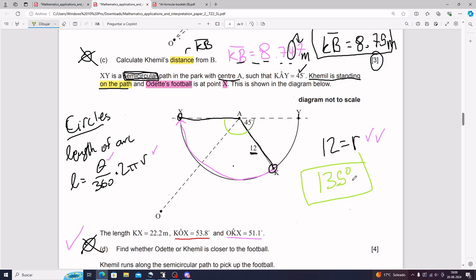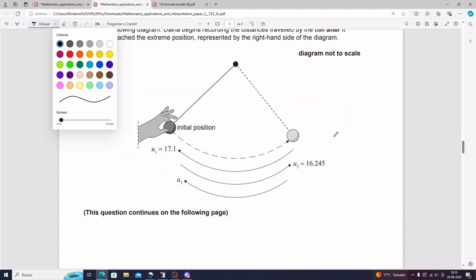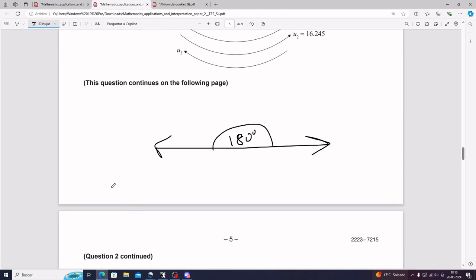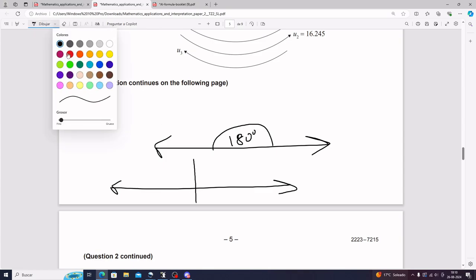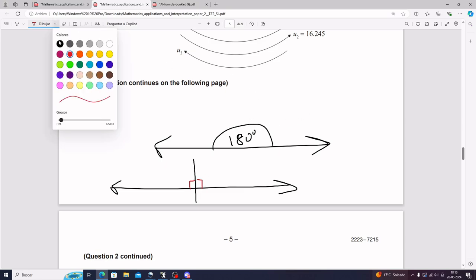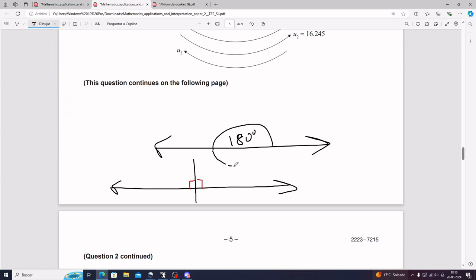He just did that because you need to know that a straight line has 180 degrees. That's also why if you have a straight line and you put a vertical line through it, you have 90 degrees right here, because 90 plus 90 gives you that 180. And the other thing that can help you understand is that if you were to do a circle from here, you have another 180, and 180 plus 180 gives you that 360.